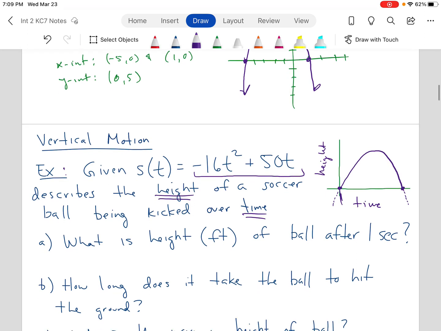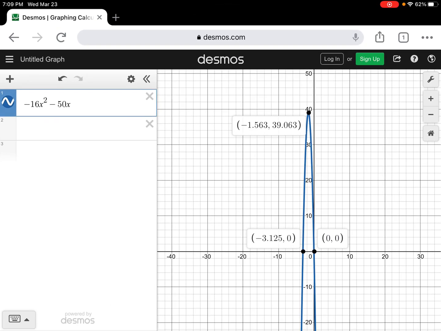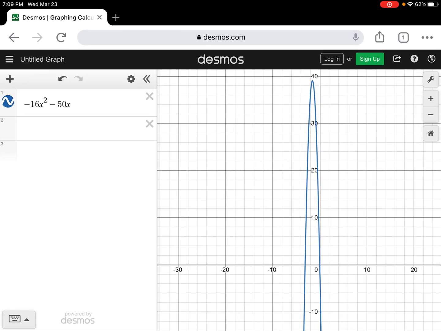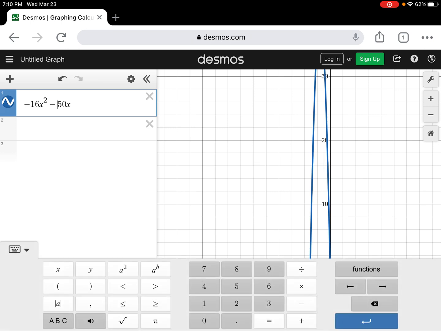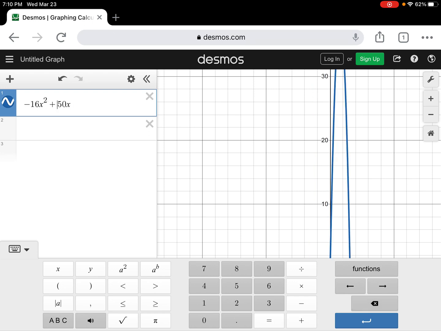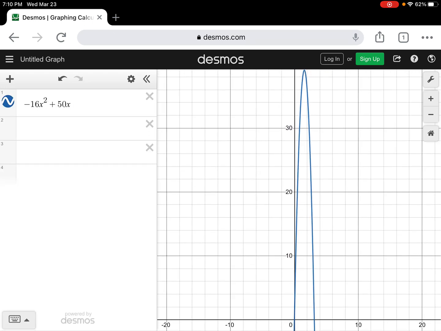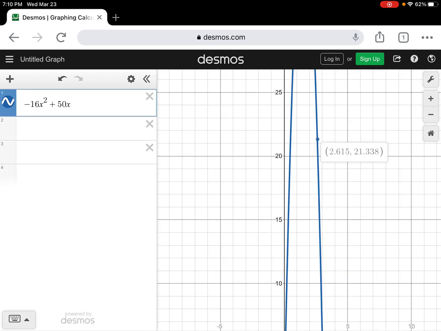Okay, so I want to know the height in feet of the ball after 1 second. So what I'm going to do is at 1 second, where am I here? Oh, sorry guys. I made a mistake here. This should have been plus. There we go. At 1 second, I am going to see where my graph is.